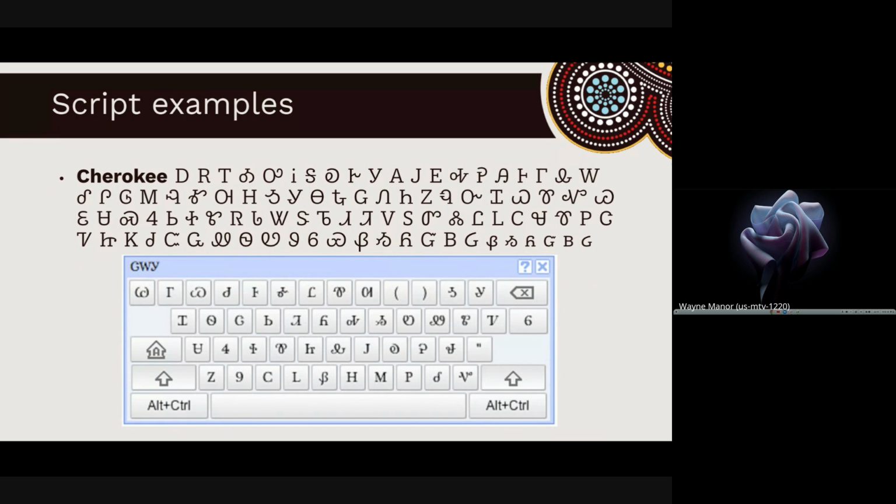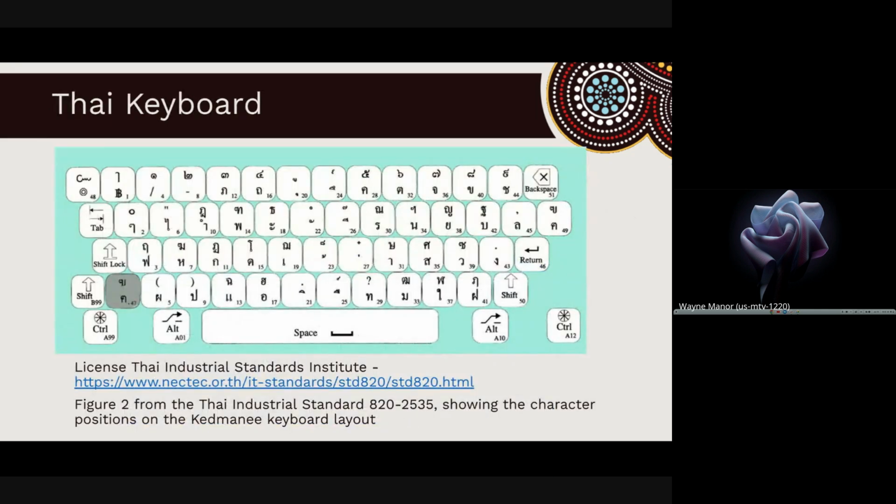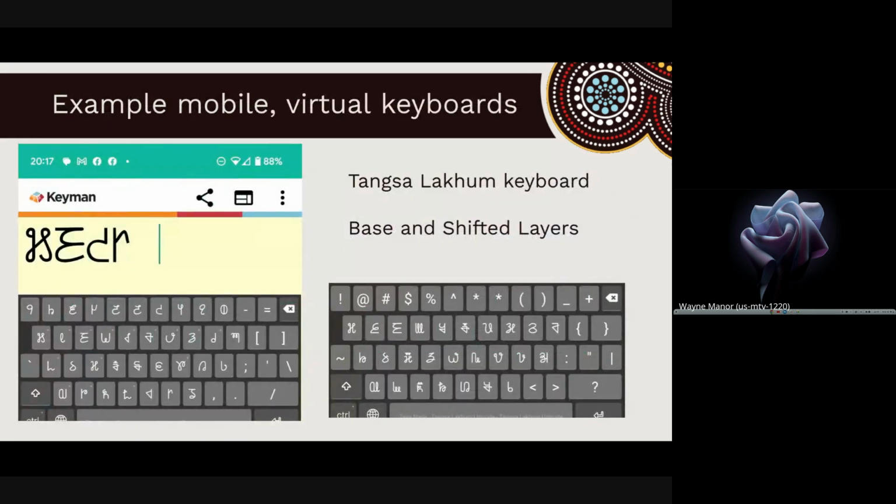So here are some script examples, some other script examples. This with a keyboard. This is Cherokee. And we're not going to show all the variations with shift and shifted and so forth. Here's a Thai keyboard. And now, in Translation Commons, we're developing mostly virtual keyboards, which are used on mobile devices.